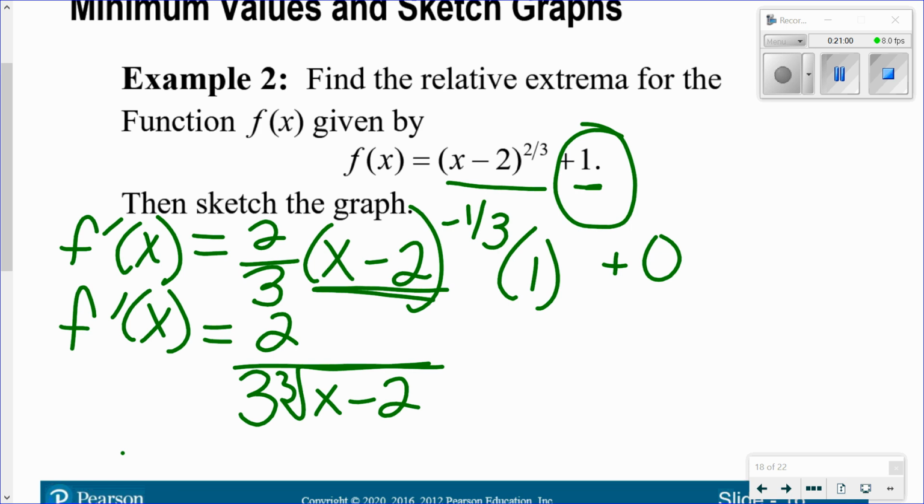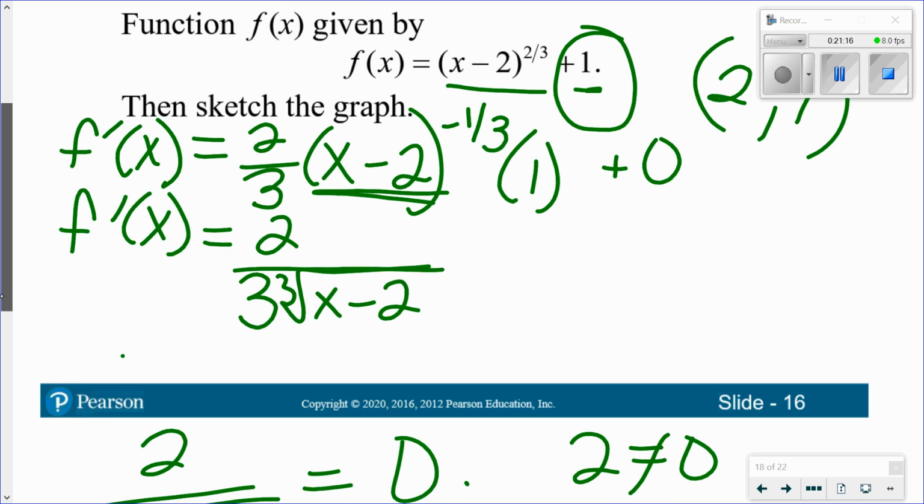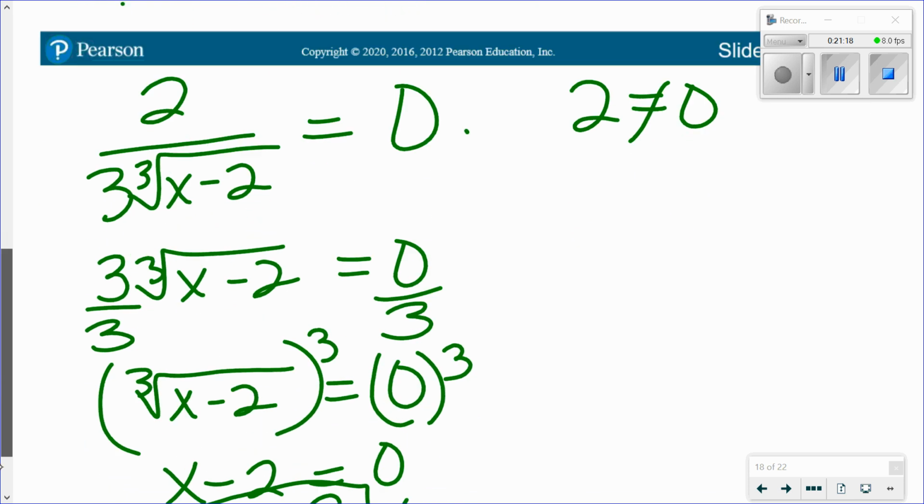Let's go ahead. We had the critical value of 2. We can plug that back into the original because it wasn't a problem in the original. So 2 minus 2 is 0 plus 1. So (2, 1) is our max, min, something.